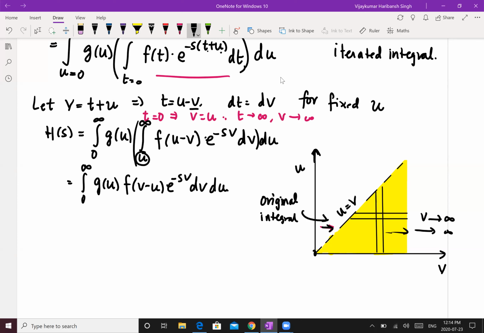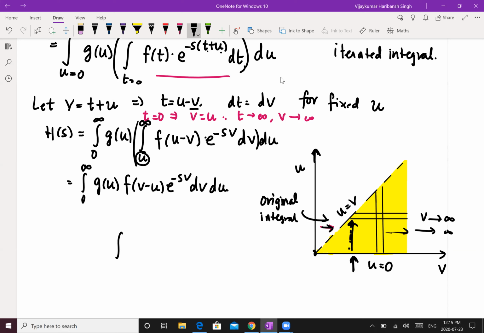Now we'll change the order of integration. So instead of that, we want to interchange this order of integration. First you will hit 0, and then you will go all the way until what? So you're looking for u. u changes from u equals 0 to u equals v. So the integral will change.